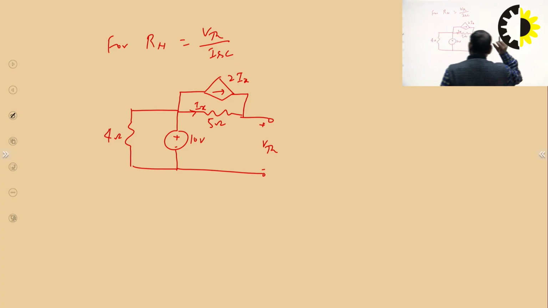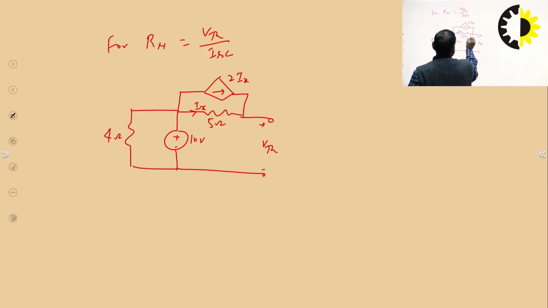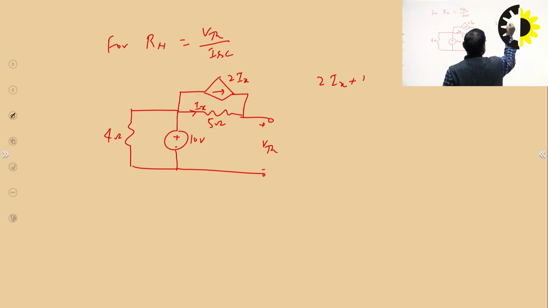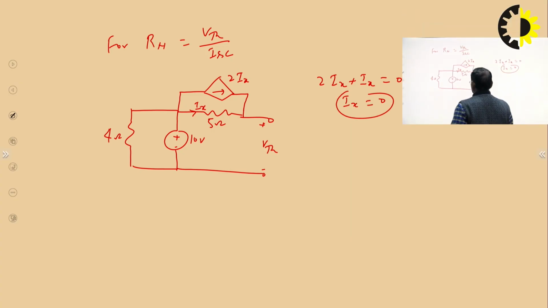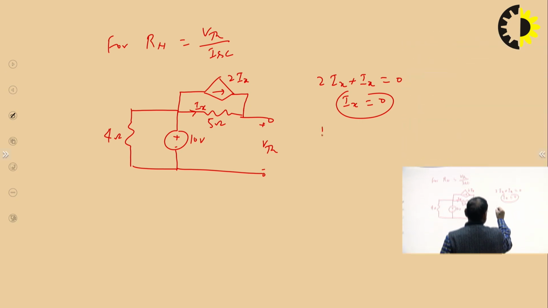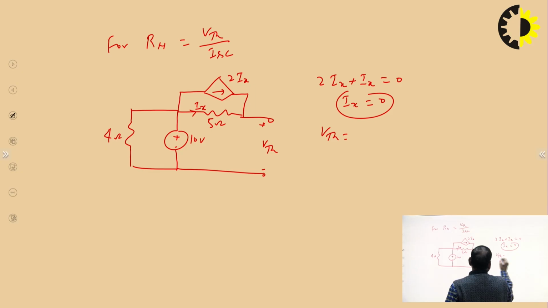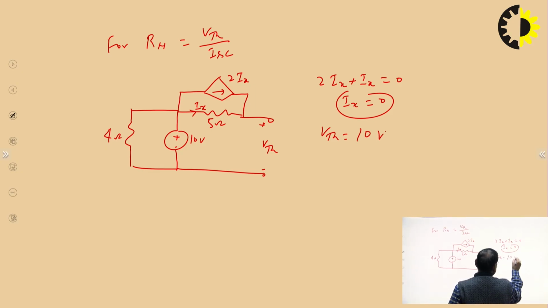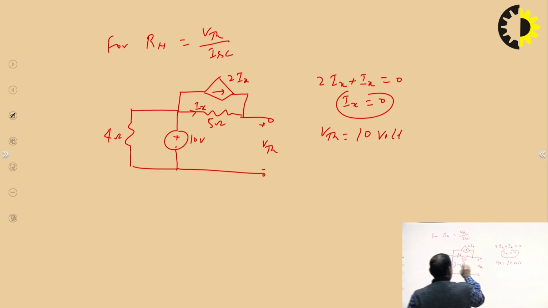Now what is VTH? So we can see that Ix is approaching this, 2 Ix is approaching, so 2 Ix plus Ix equal to 0, so Ix is equal to 0. So in this case the current Ix is 0, so VTH is 10 volt, because Ix is 0, so no drop across this 5 ohm resistor.